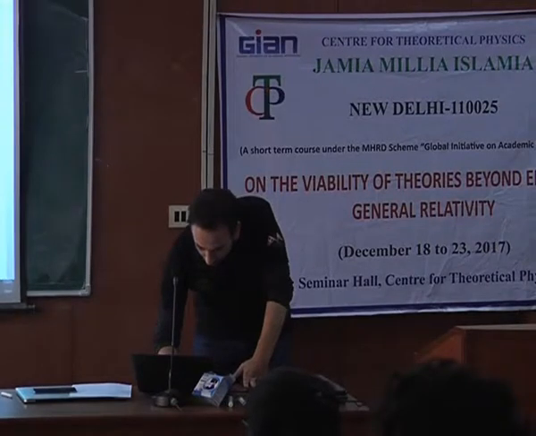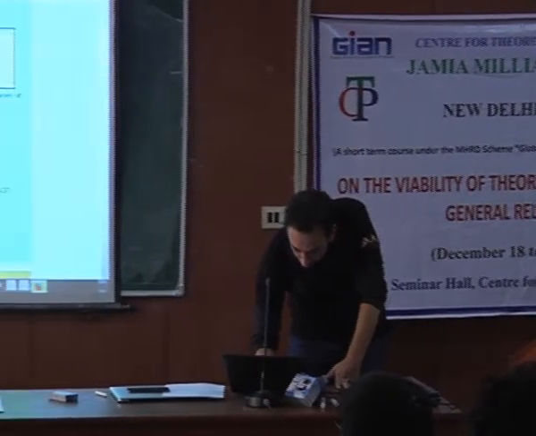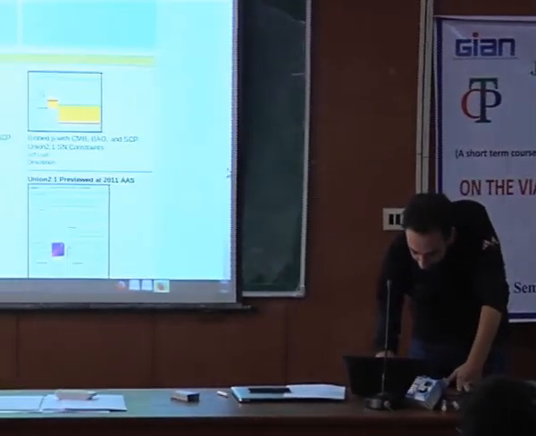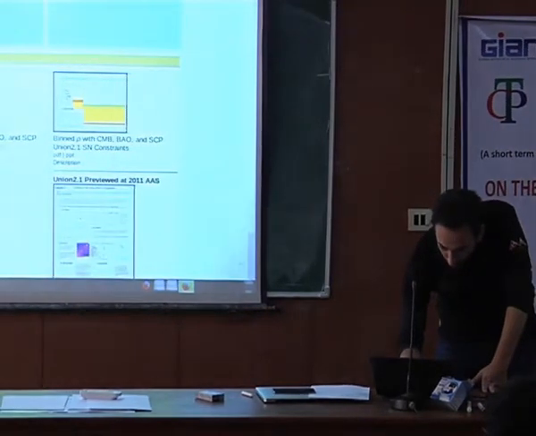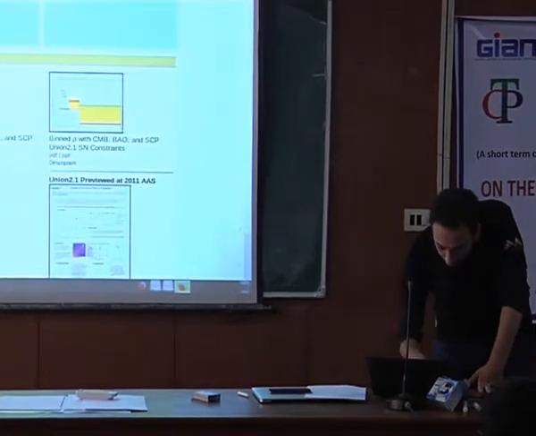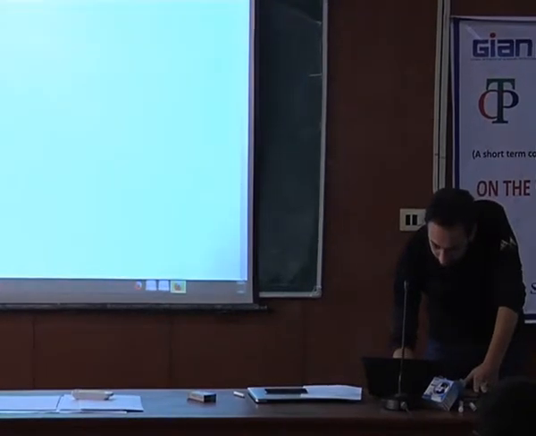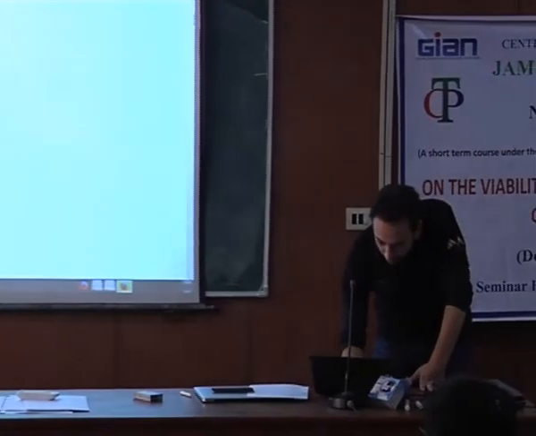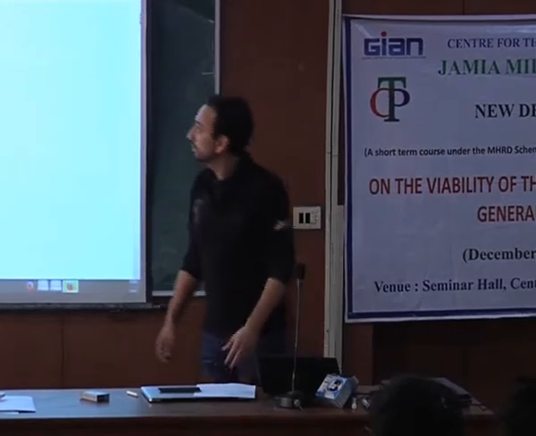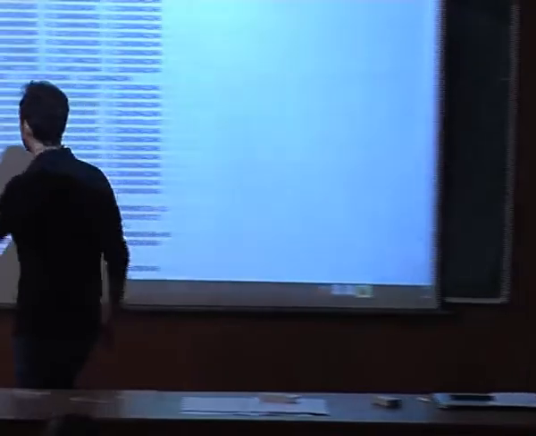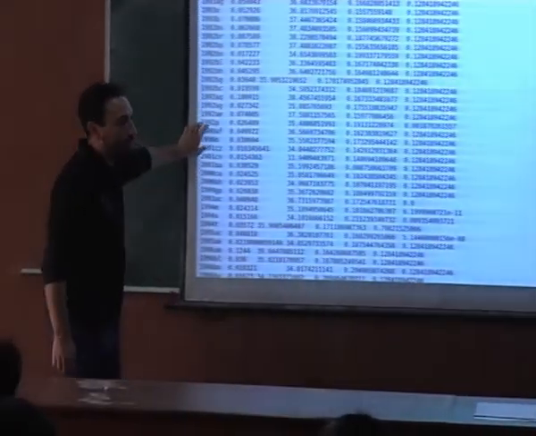And what we are going to do is to use the file which is here. It's called Union 2.1. And this is going to be the file. One column is the name of each star.